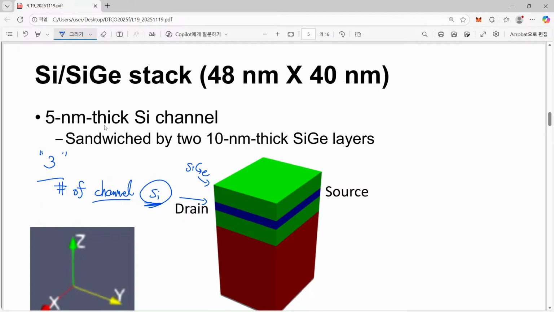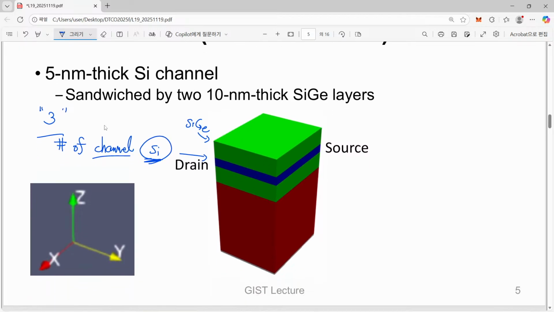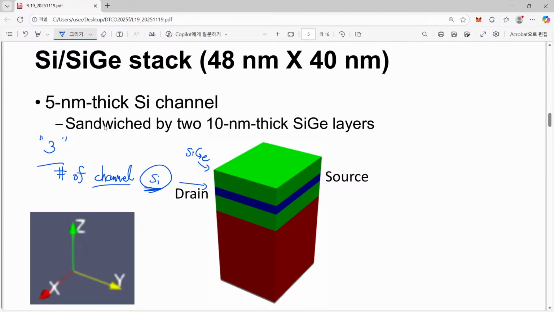The reason why we consider just a single stack is to simplify our exercise. Anyway, the thickness of this silicon layer is set to be 5 nanometer, and since we do not consider any additional etching for this silicon layer, the final thickness is also 5 nanometer.